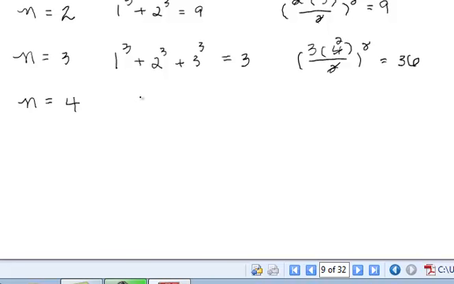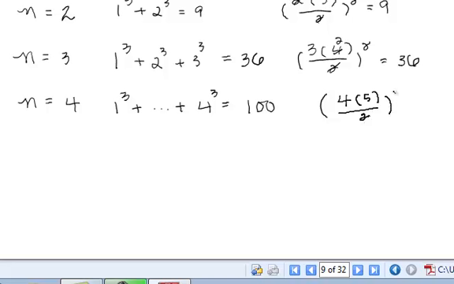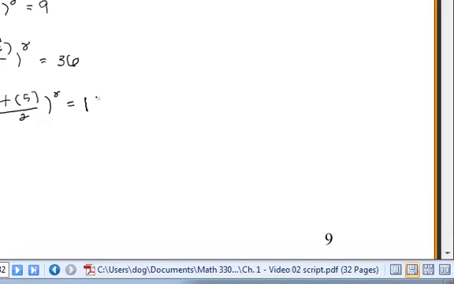And if we try it for 4, I would have 1 cubed plus 2 cubed plus 3 cubed plus 4 cubed, and that equals 100. And then I would have 4 times 5 divided by 2, squared equals, that's 20 divided by 2, 10 squared equals 100. So you can see that this is just working along.